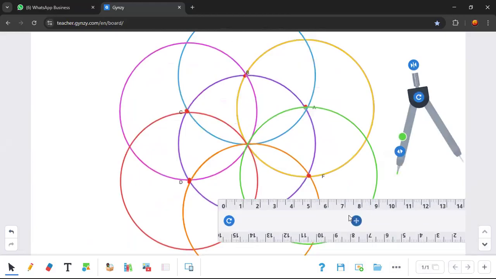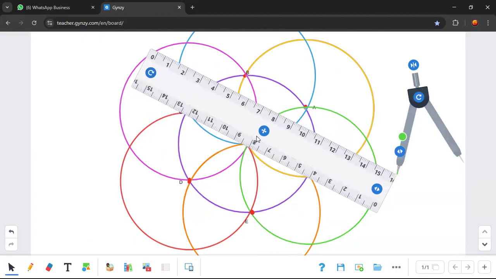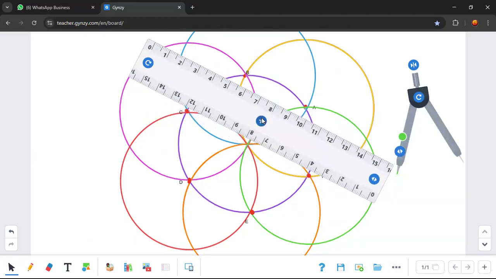I'll take this one. So I have to draw the figure by joining these points.